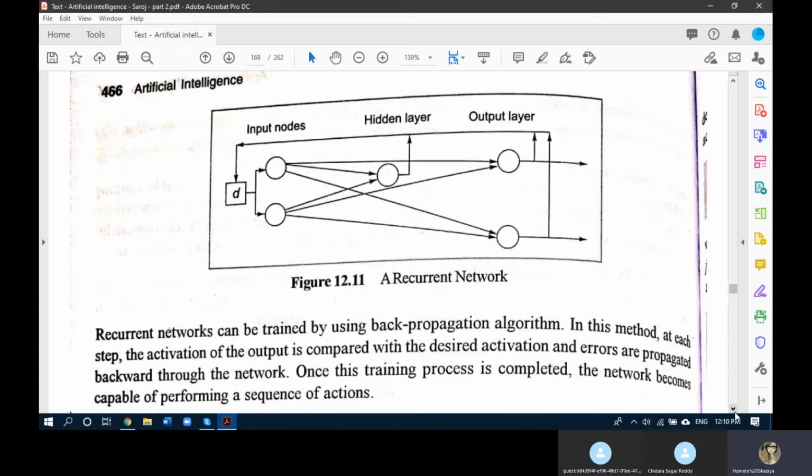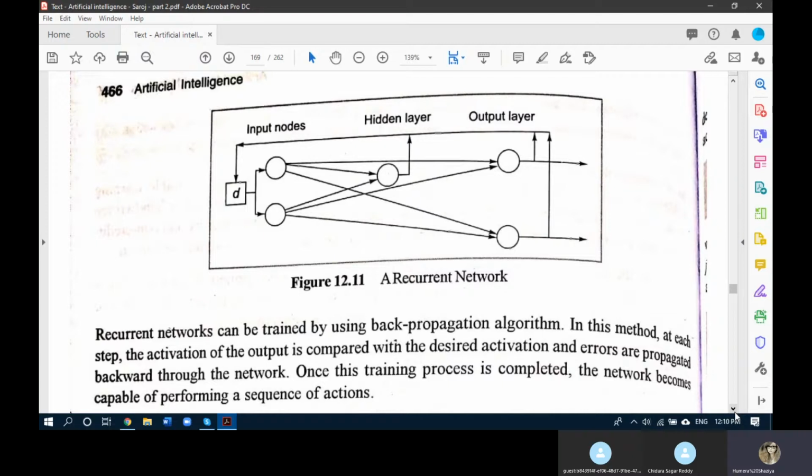Why is that difference sent back? In order to update the weights. There are weights associated with every link. So in order to update those weights with respect to the error rate, the error is propagated back in backward direction. That is back propagation algorithm.